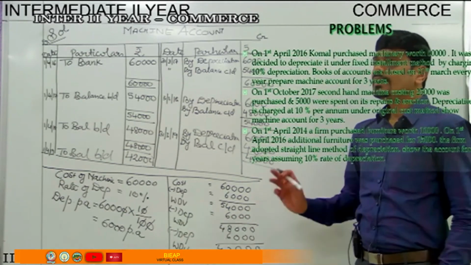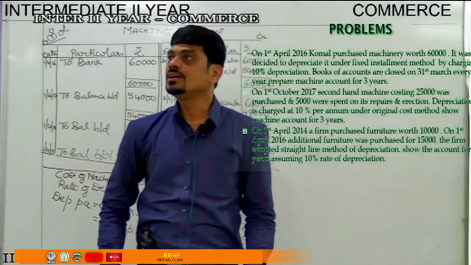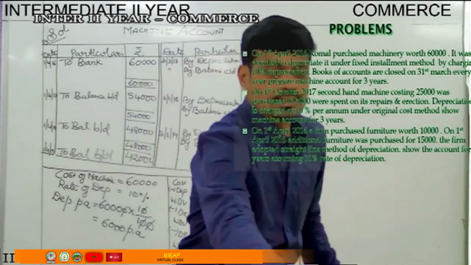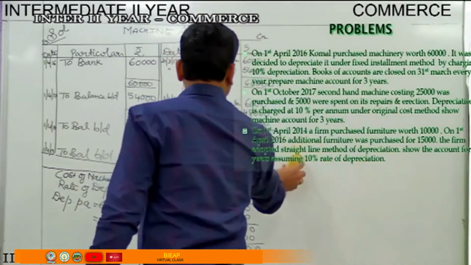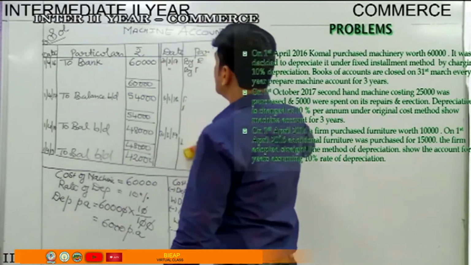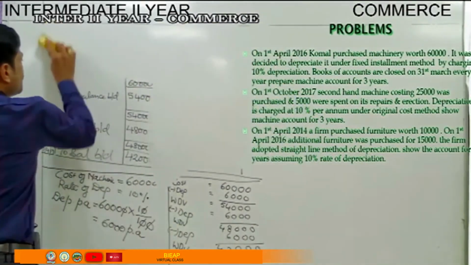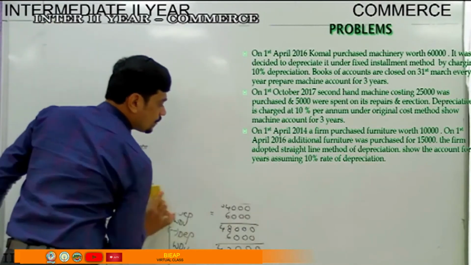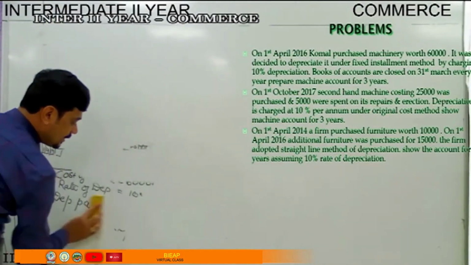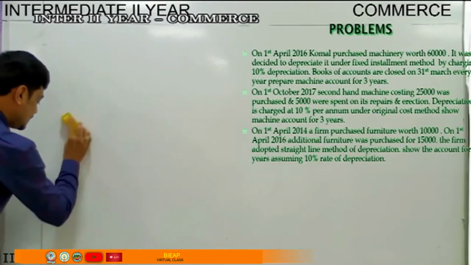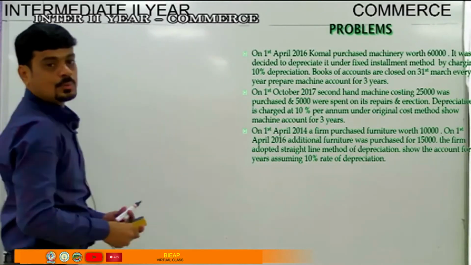Now, let us see the second question. What is the second question given? In the second question, they gave you the machine, but they gave you a different date. That we are going to consider and solve the problem.